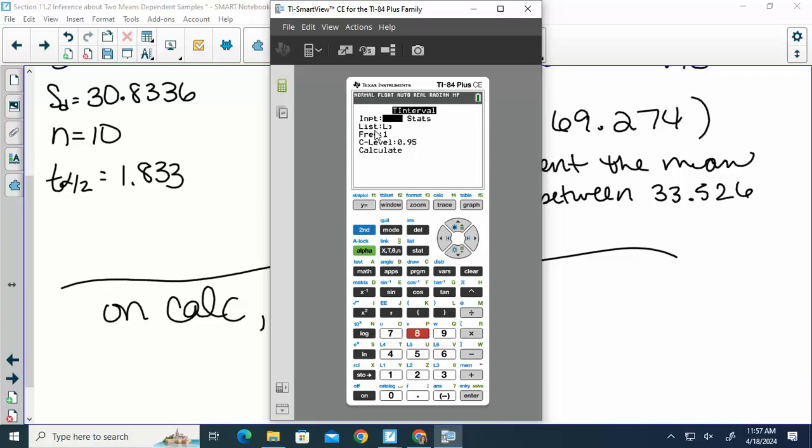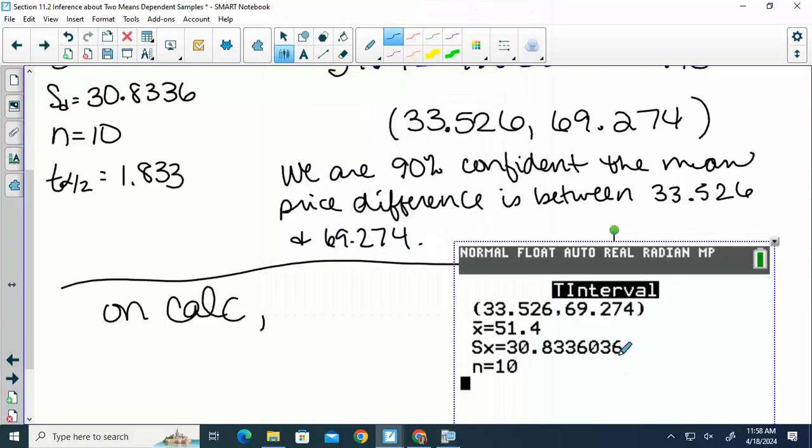The list, what list did we put all of our information, the difference, in? L3. The confidence level, I said 0.9. And calculate. Right, so stat test 8. We get here, is that the same confidence interval we got by hand? So it works both ways.